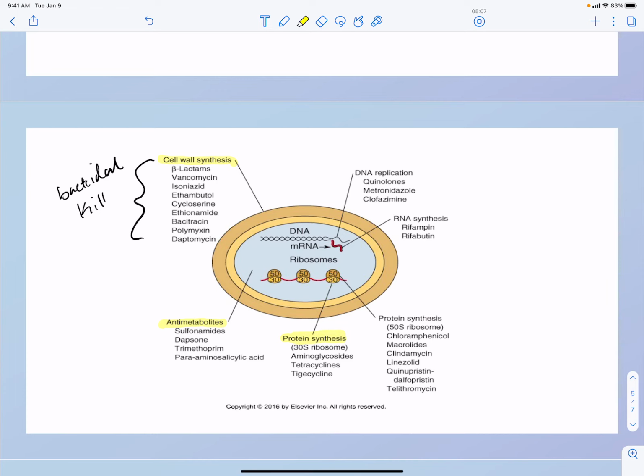The protein synthesis, of course, will be bactericidal over time because your bacteria need to make their own proteins. DNA replication is going to be targeted by your quinolones. You have your RNA synthesis by rifampin. Chloramphenicol is going to, again, target protein synthesis. It targets a different part of the ribosome than your tetracyclines. But anyways, these are all going to be effective at not only slowing down bacteria, but eventually helping get the bacteria under control.